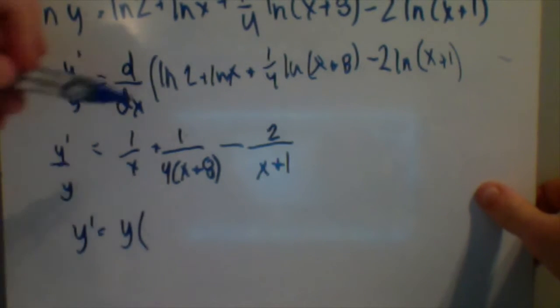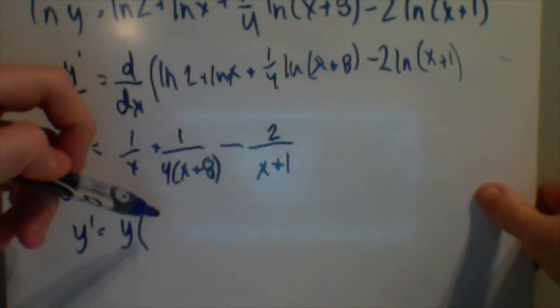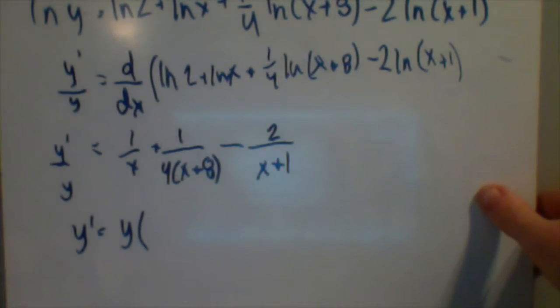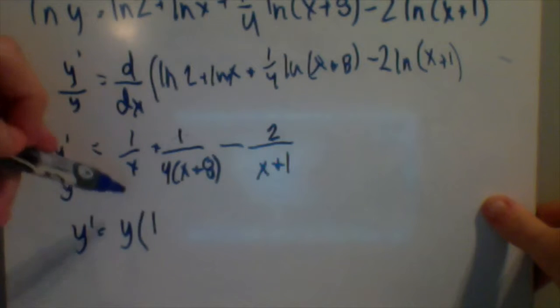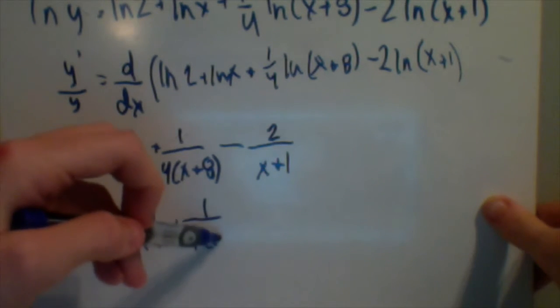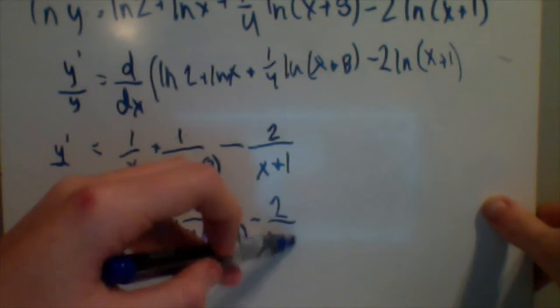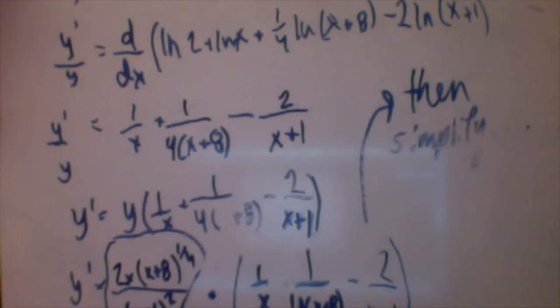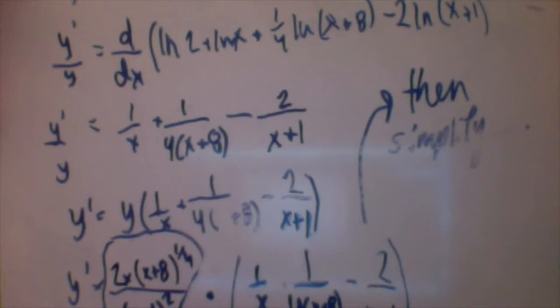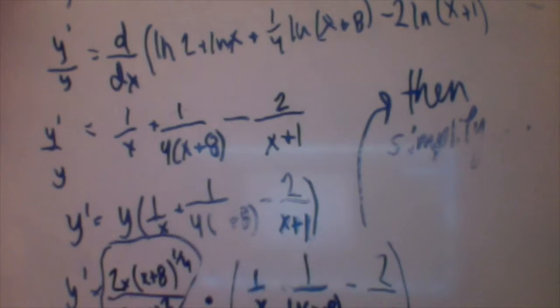Now we multiply by y to get y prime by itself. Then we substitute in the original equation for y and simplify. For the sake of time, I will leave that up to you.